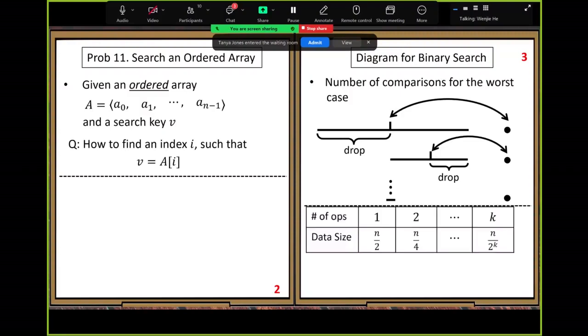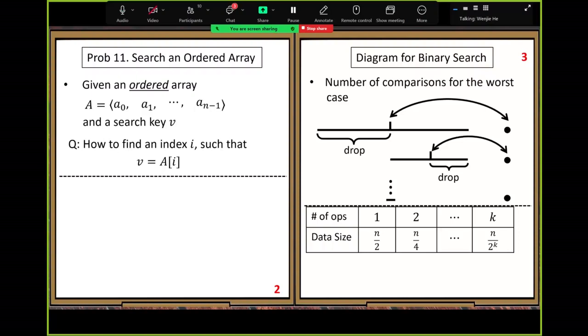So let's do a chart here. This chart, the top row is the number of comparison operations. The second row is the data size: after comparison and elimination, what is the data size of the existing subarray?